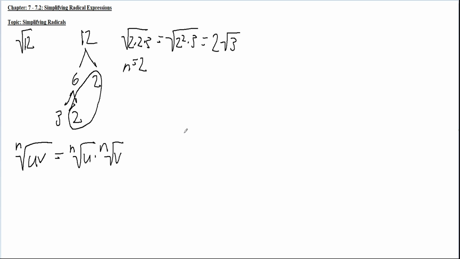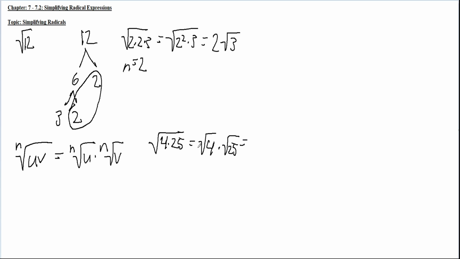And to see how that works, if I had, let's say, the square root of 4 times 25, I would break this apart into the square root of 4 times the square root of 25. And I know what these are.